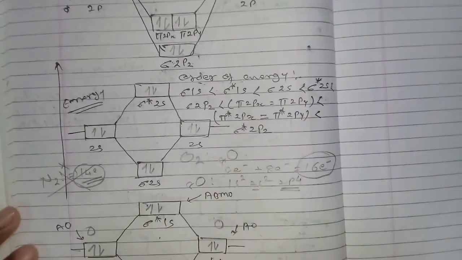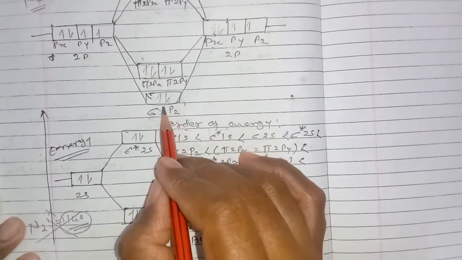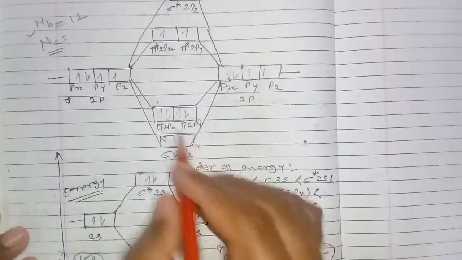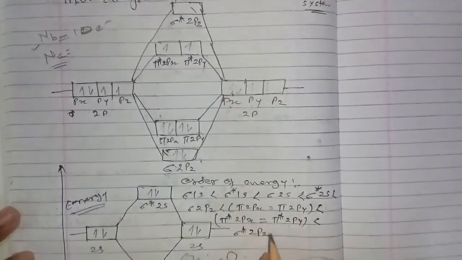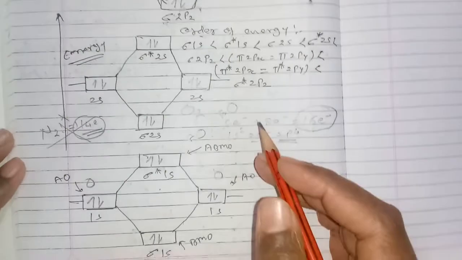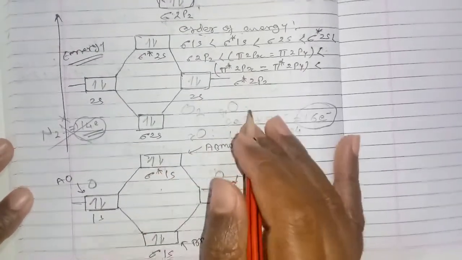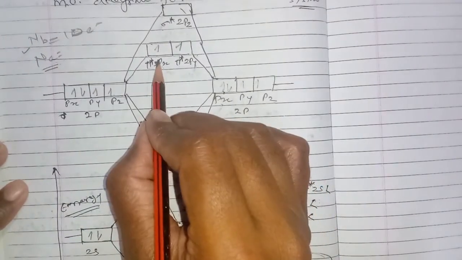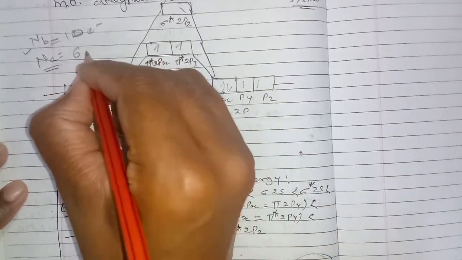Sorry, the total is 10 electrons. Then the number of electrons in antibonding orbitals: 2 plus 2 is 4, plus 2, total 6 electrons.